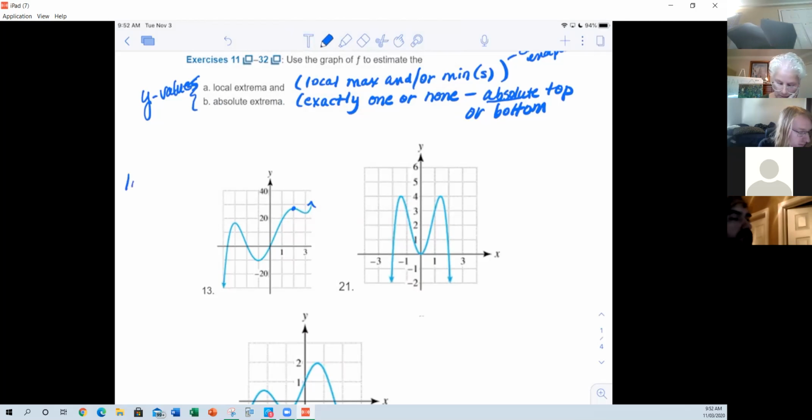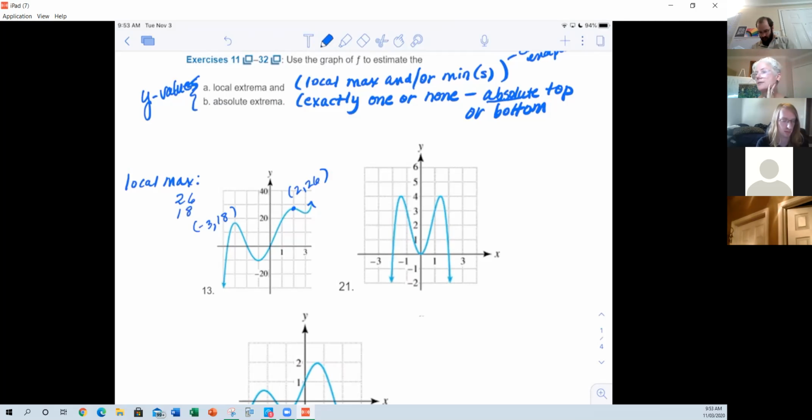So we have a local max at 26. And where else? Then the other one is at -3 on the x-axis. And it is at about 18. That looks good to me. All right, so another local max would be at 18 when x is -3.